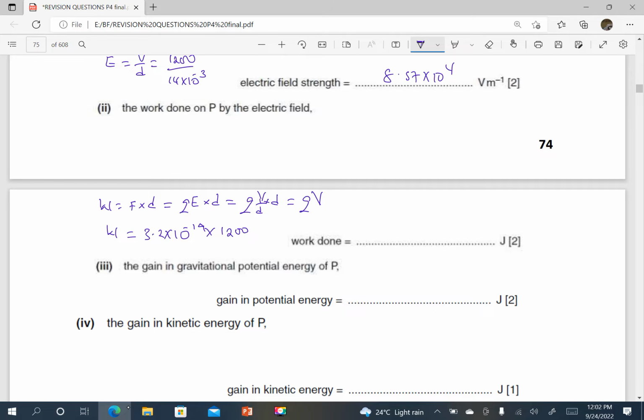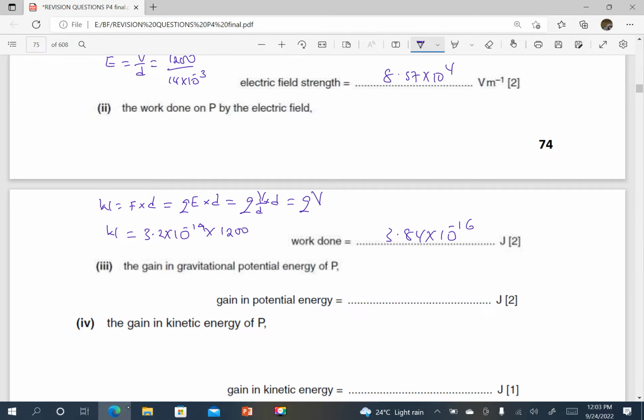And when I press my calculator, I am getting 3.84 times 10 power negative 16. 3.84 times 10 power negative 16 as the work done.